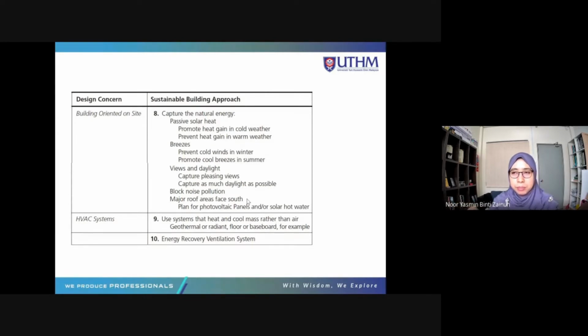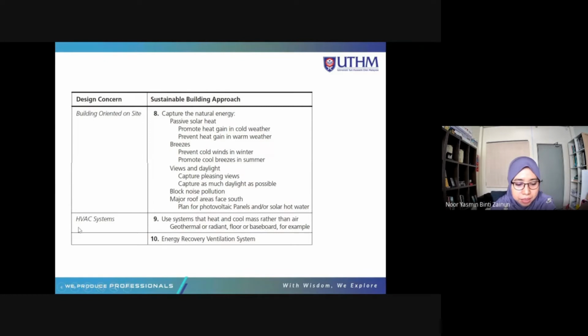We use the building orientation to get everything naturally. Daripada struktur bangunan tu, kita dapat cahaya matahari waktu siang, tak perlu on lampu, kita dapat udara, tak perlu on kipas, macam tu. Maksudnya semua tu menggunakan natural resources.